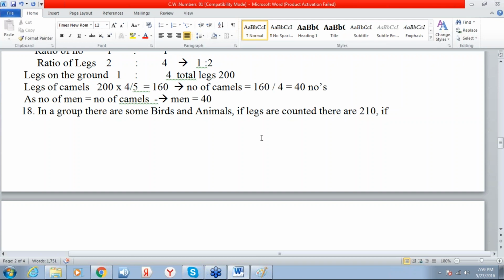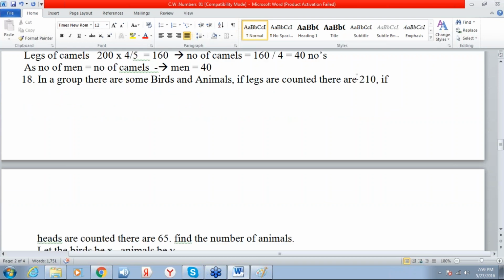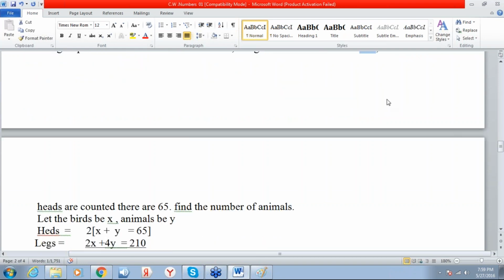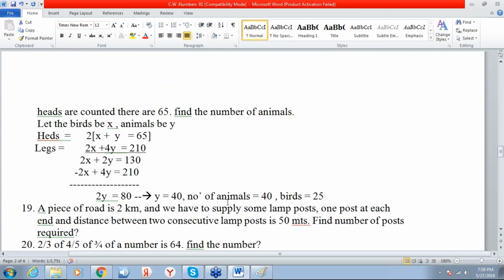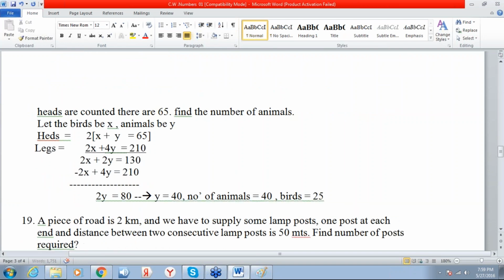Or you can directly solve this. Here, in total, there are 210 legs. Animals: total legs minus 2 into number of heads.